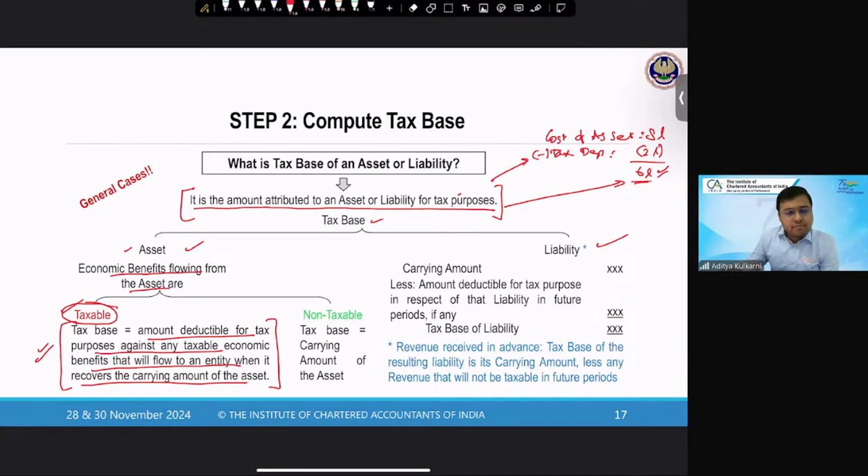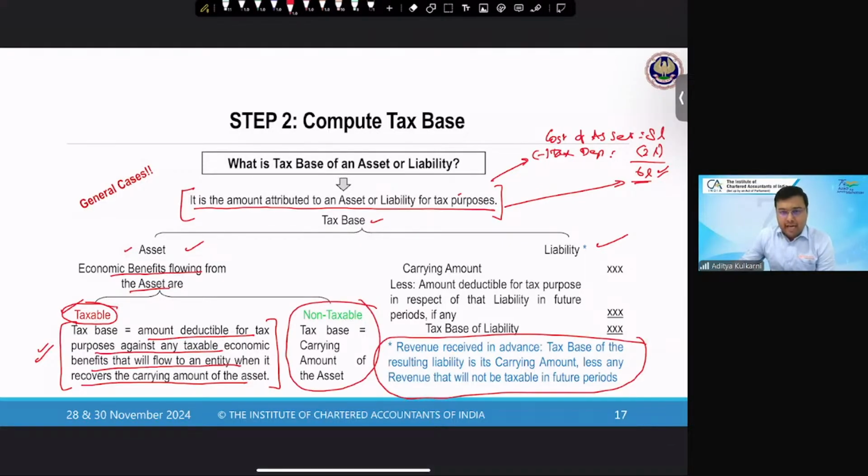Now, let us look at tax base of a liability. This is an exception; we'll look at this later.